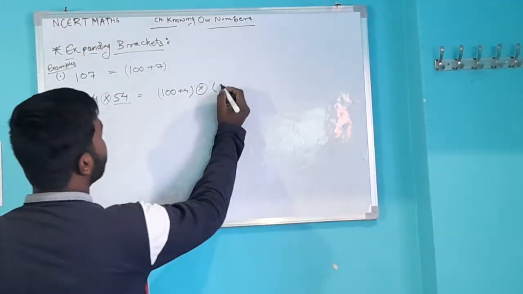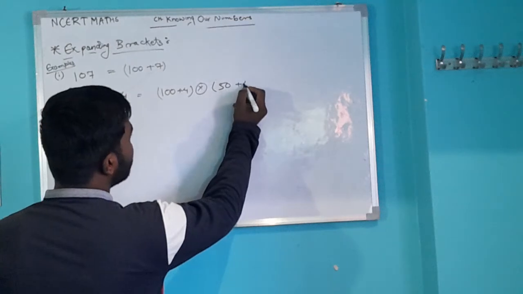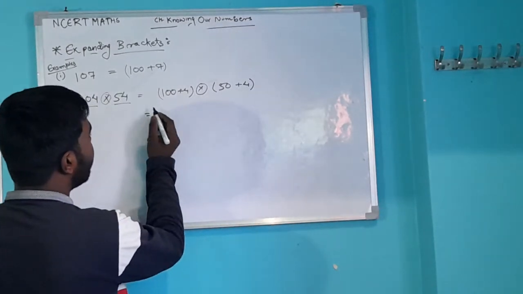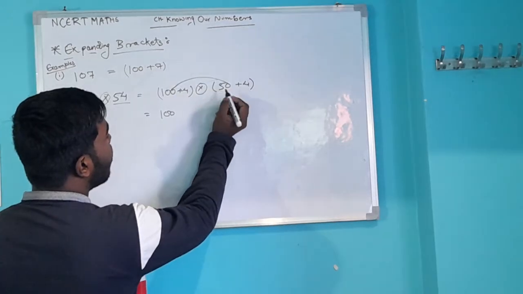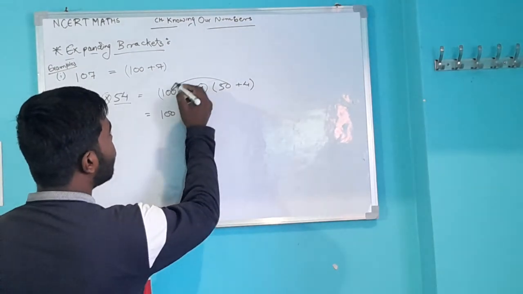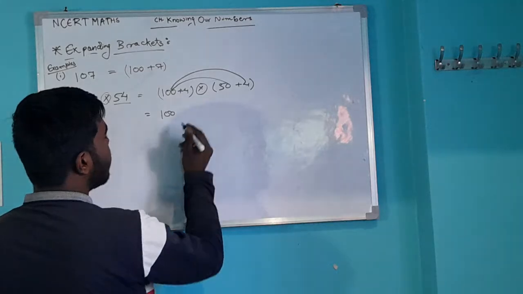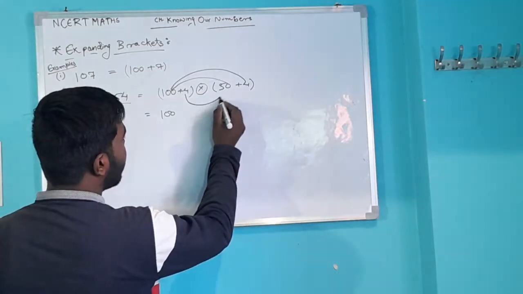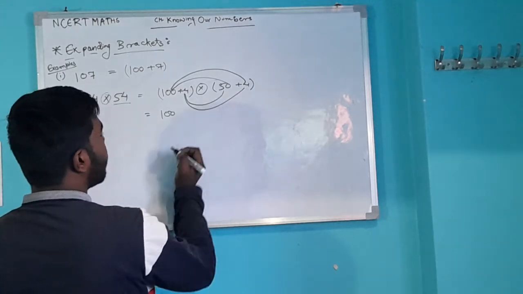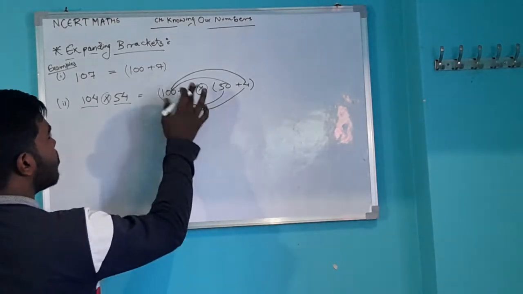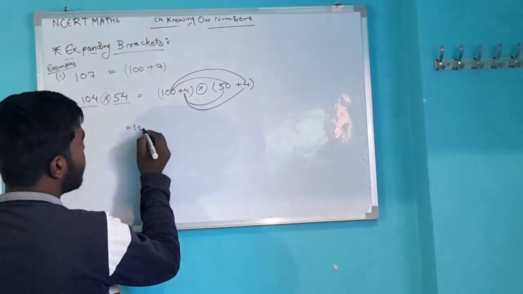We multiply first to first, then first to second. This is the same as multiplying first to second, and then second to second. This is the simpler way through which we multiply the numbers.